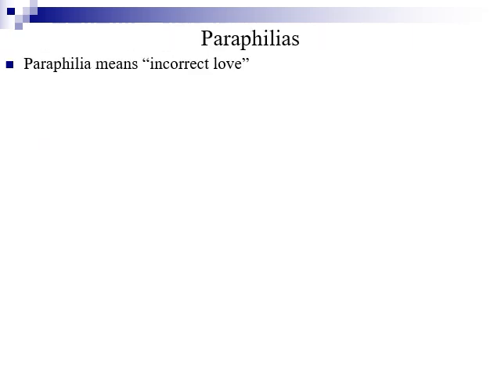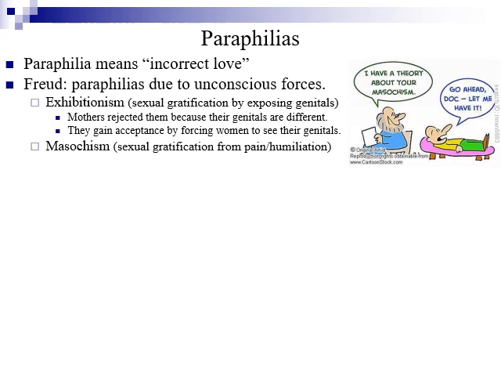Now, how have these conditioning techniques been applied and help us understand other things? So, paraphilias. Paraphilias just means incorrect love. Now, historically, there have been a lot of ideas about where these paraphilias come from. According to Freud, they were due to unconscious forces. So exhibitionism, that's sexual gratification by exposing your genitals.